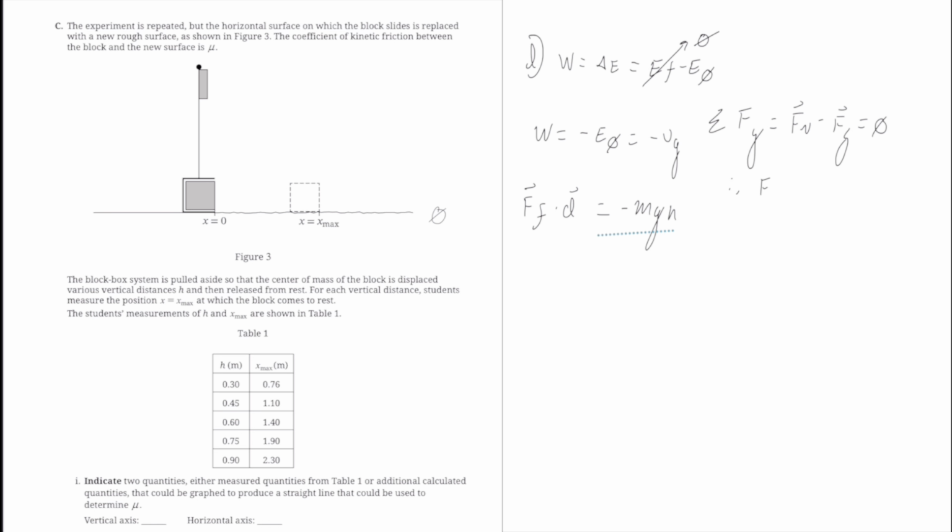Therefore, the normal force is equal to the gravitational force, which is mg. But I also know that the kinetic frictional force is equal to mu k times Fn. So therefore, the frictional force is equal to mu k mg.